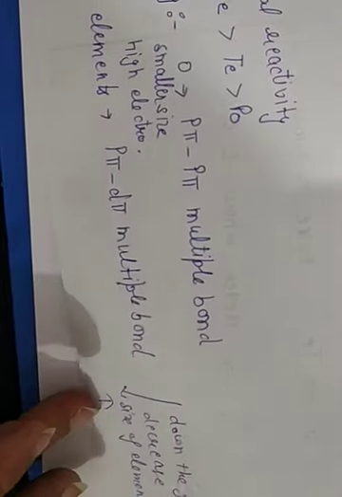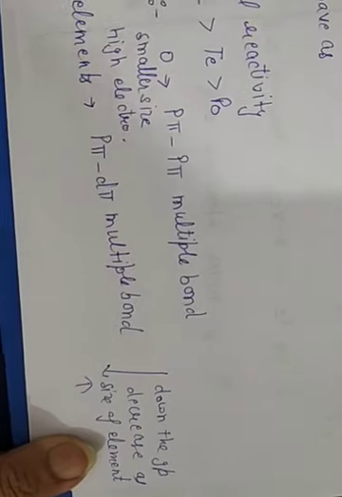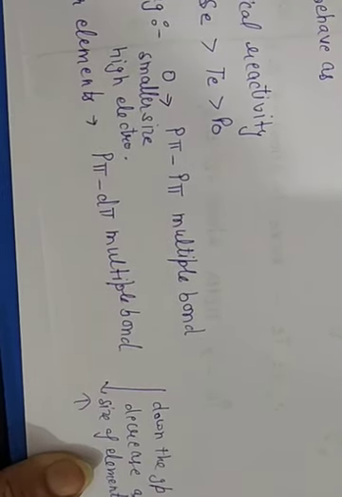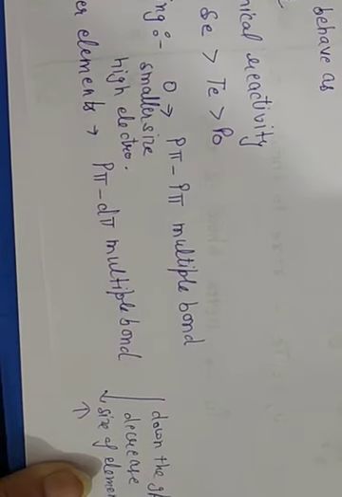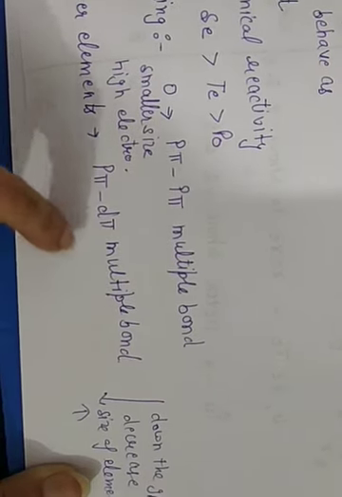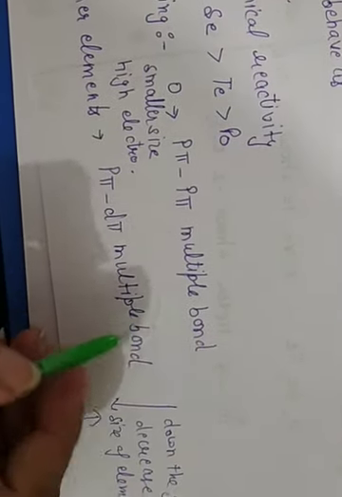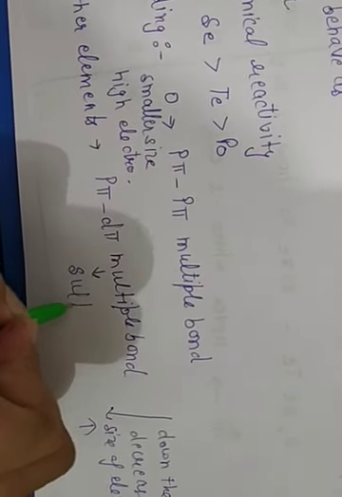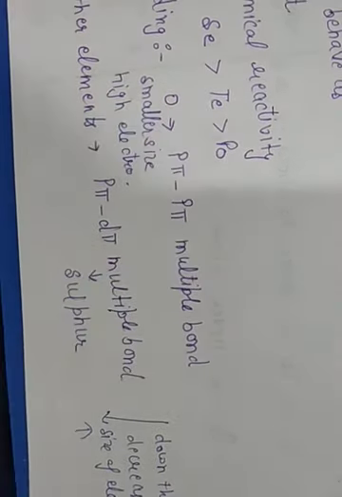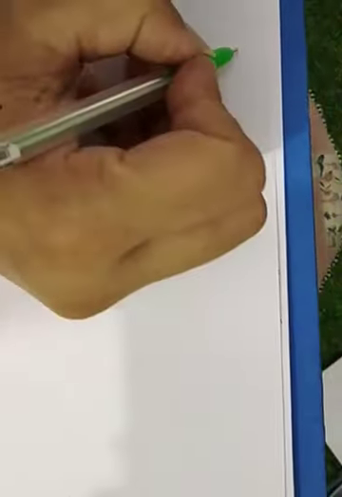The size of the element increases, meaning the size of its orbitals increases. Hence overlapping is not so effective, which results in less stability of the p-pi d-pi multiple bond. So this p-pi d-pi multiple bond is strongest in the case of sulfur, isn't it?